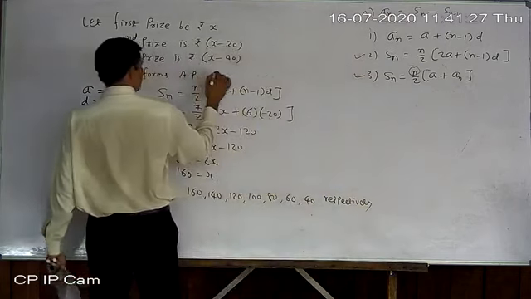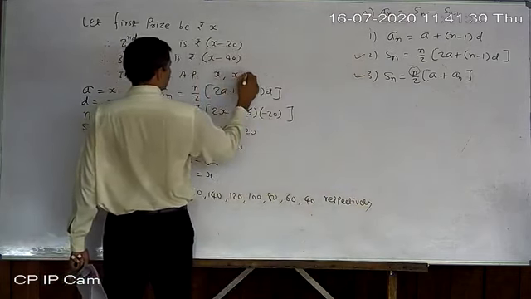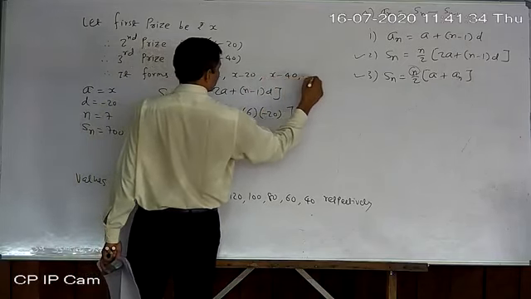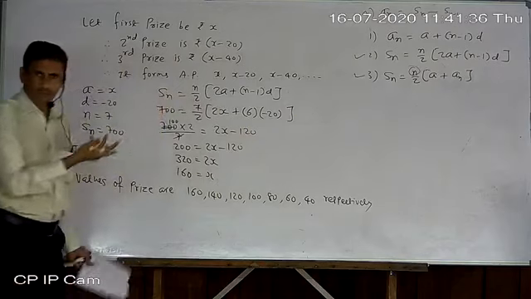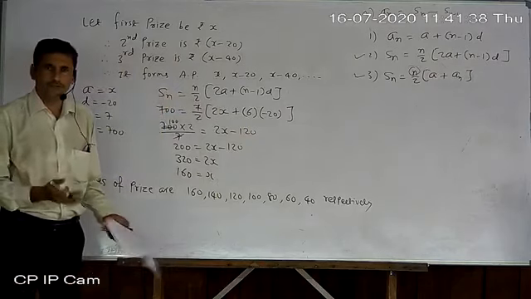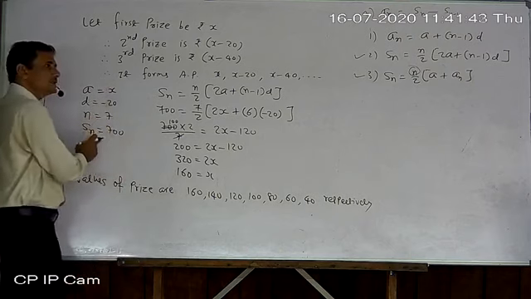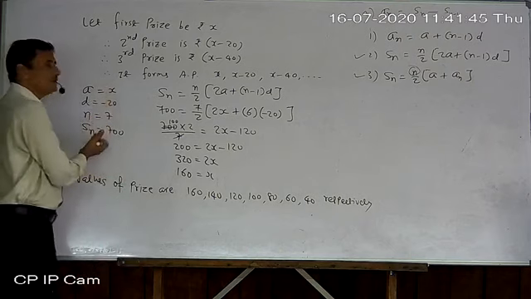We can write it from AP like this also, x minus 20, x minus 40, likewise. Okay. Unknown, no problem. Whether it is unknown or known, we have to write it first of all, so that we can make that list very comfortably.